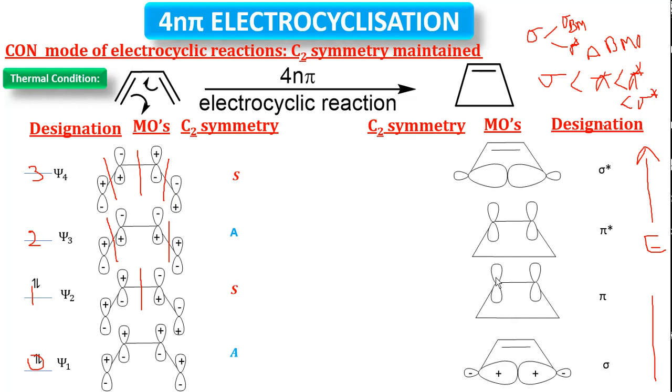Here the plus orbital at the top side overlaps with the plus orbital at the top side through side-on overlapping, therefore bonding. Here a plus orbital overlaps with a minus orbital through side-on overlapping, that's why anti-bonding.